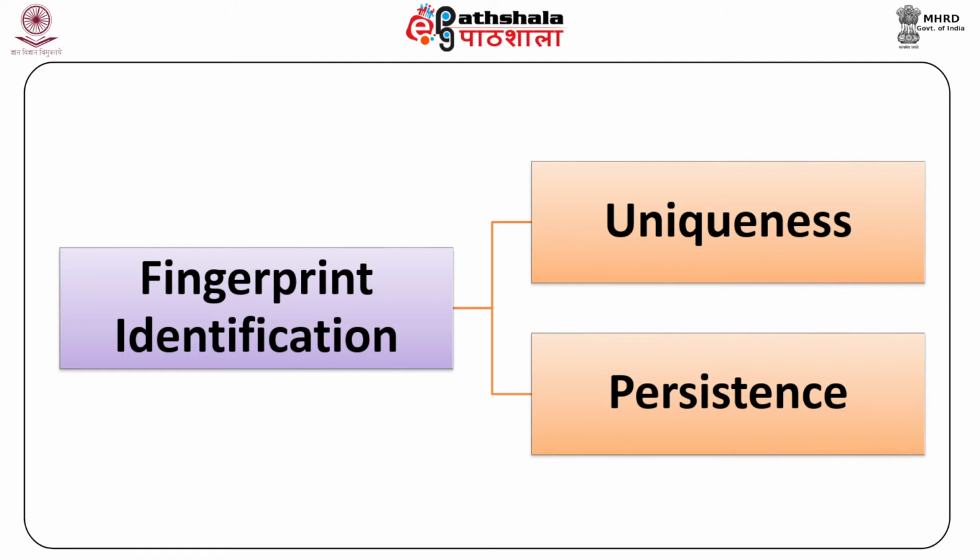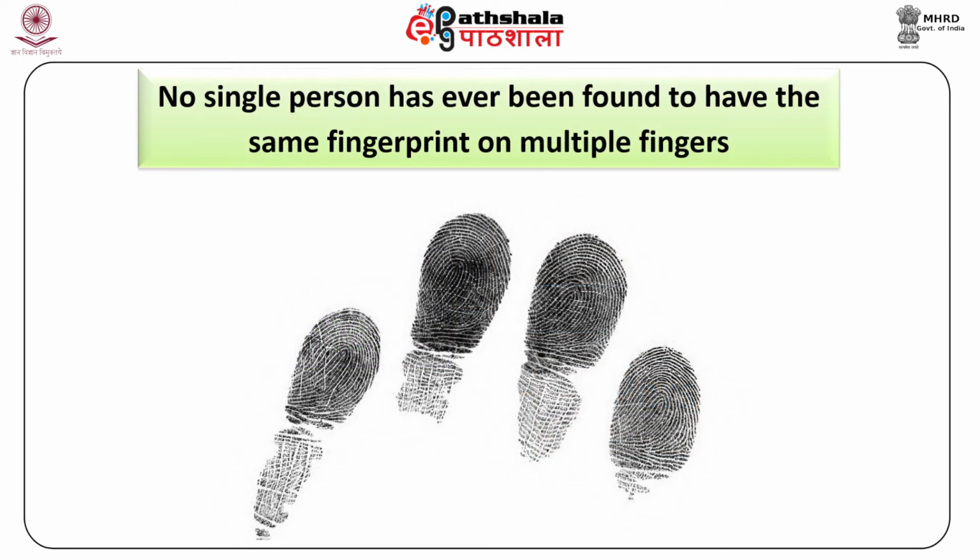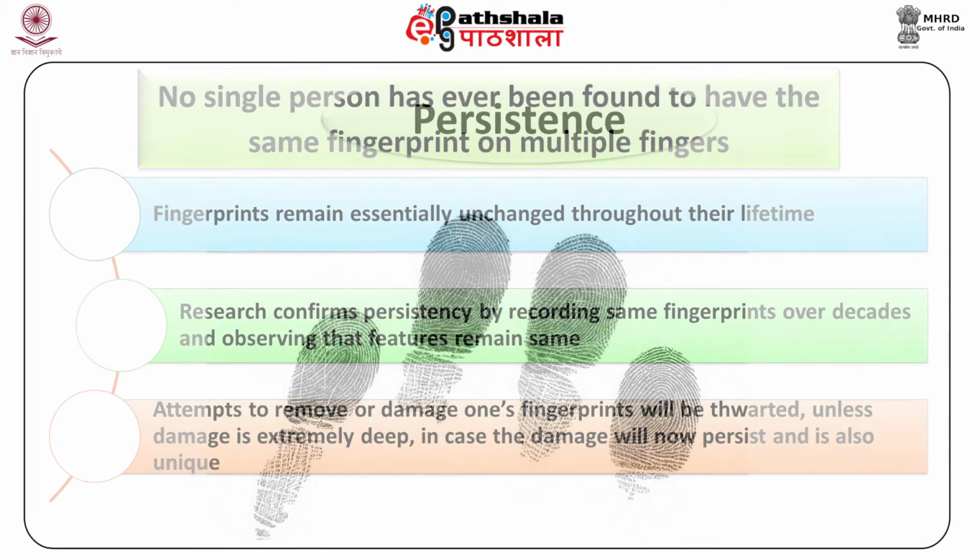To date, no two people have ever been found to have the same fingerprints, excluding identical twins. In addition, no single person has ever been found to have the same fingerprint on multiple fingers.